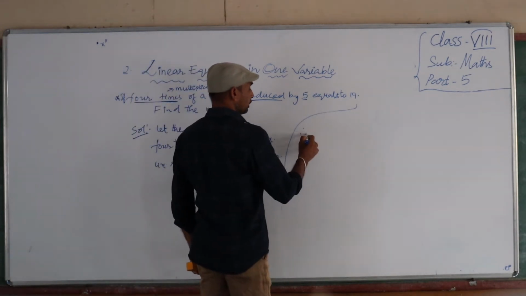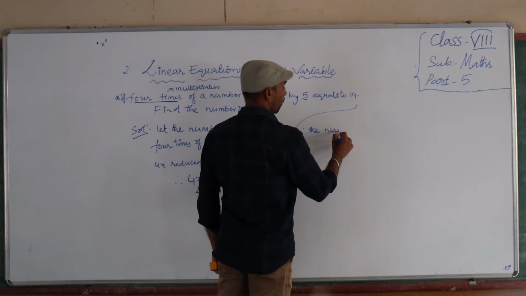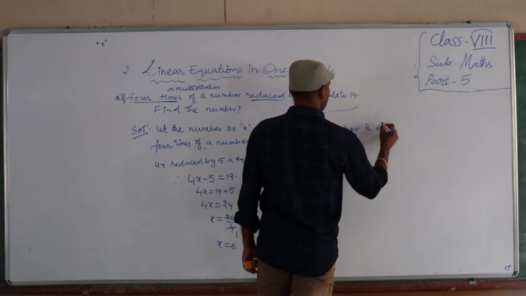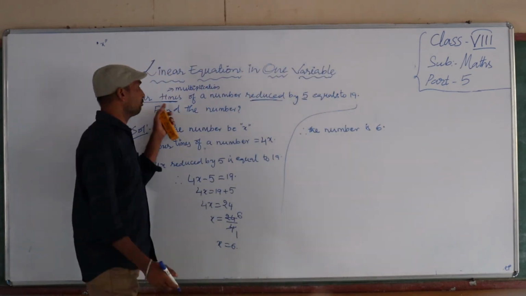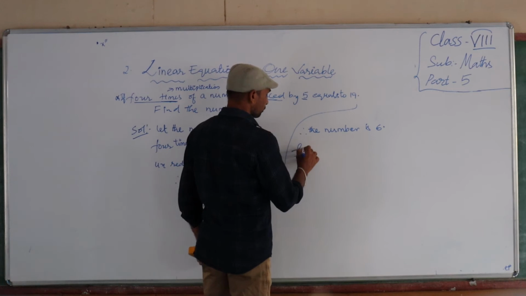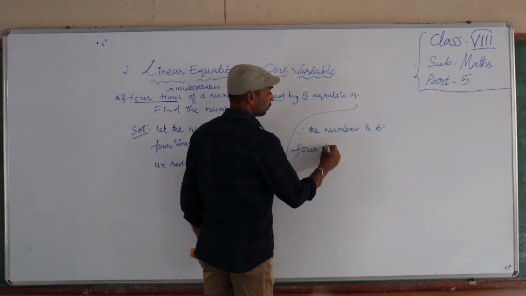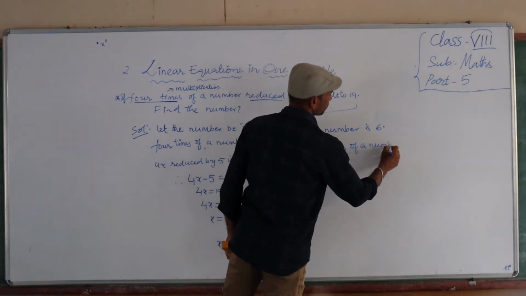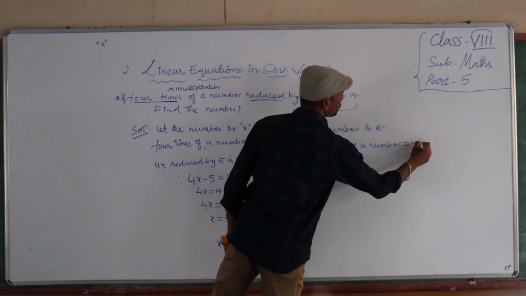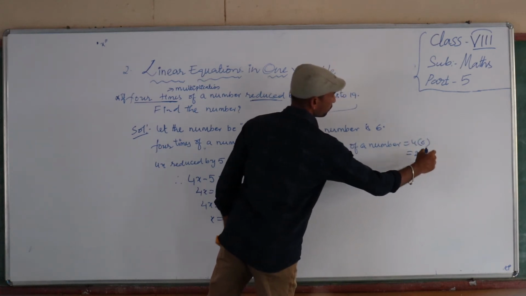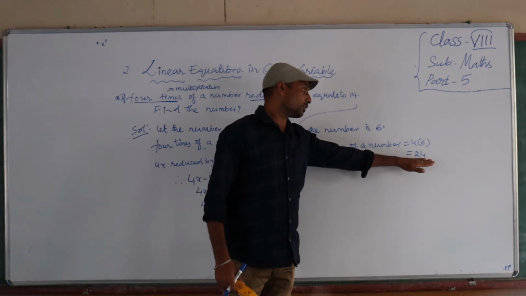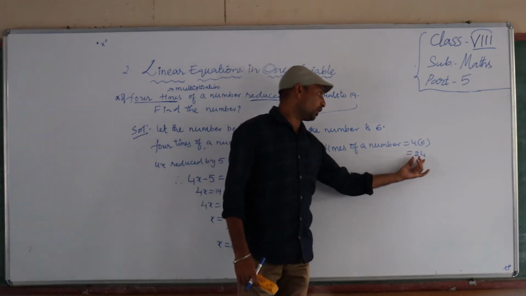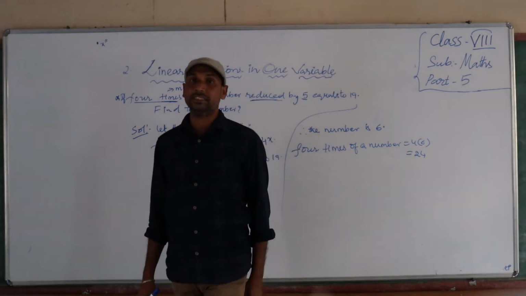Therefore, the number is 6. Then 4 times of a number means you multiply with 4: 4 into 6, 24. From this, if you subtract 5, because reduced by 5, you will get 19. So 24 minus 5 is 19.